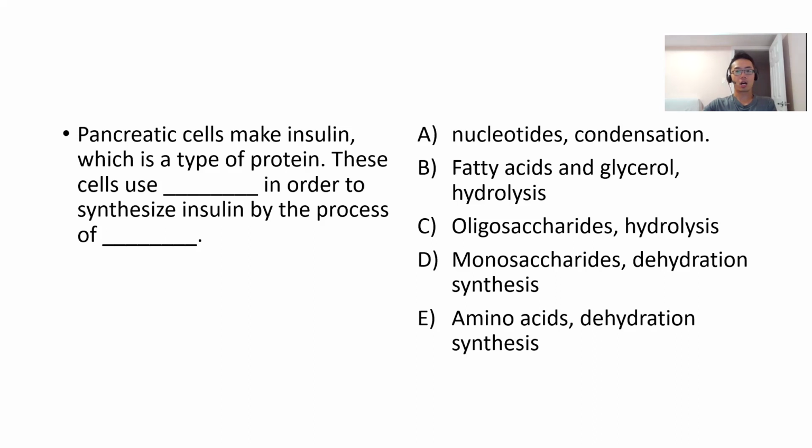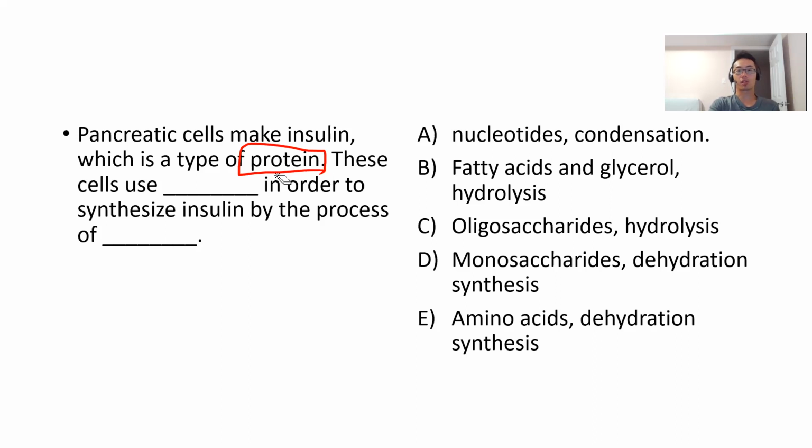So this one's kind of all over the place. We have people answering for many different things, but let's take a look. Pancreatic cells make insulin, which is a type of protein. That's the keyword. So these cells use something in order to synthesize insulin by the process of something.